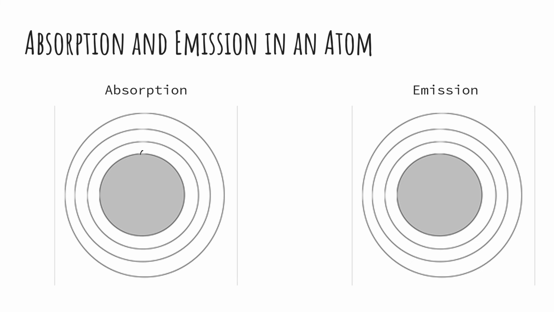Right, so we have our electron in its ground state. From here, energy is going to come in and is going to make this atom excited. So our atom is going to end up going up to a higher energy level.